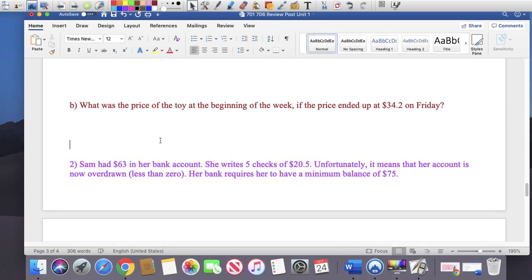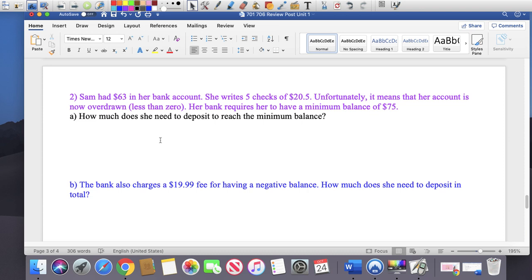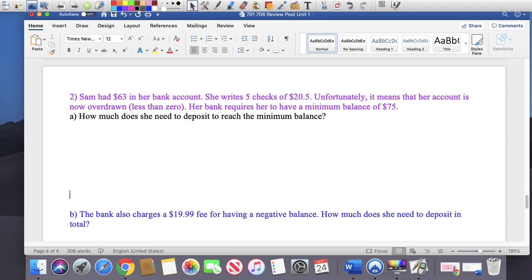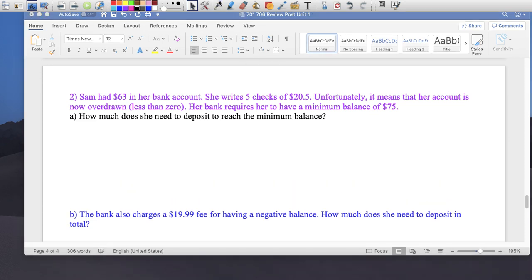So this is that bank question. It's just a different number. Sam has $63 in her bank account. She writes 5 checks of $20.05. So 5 times 20.05 is going to be $100.25.